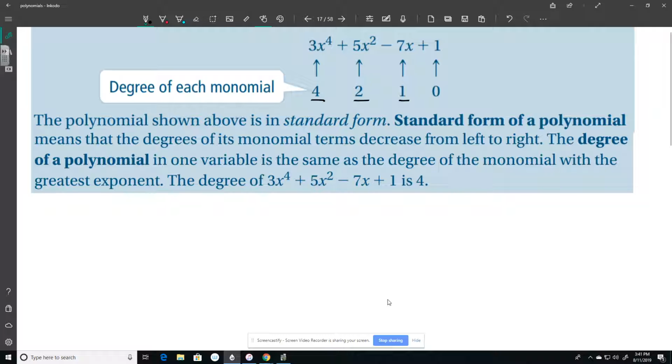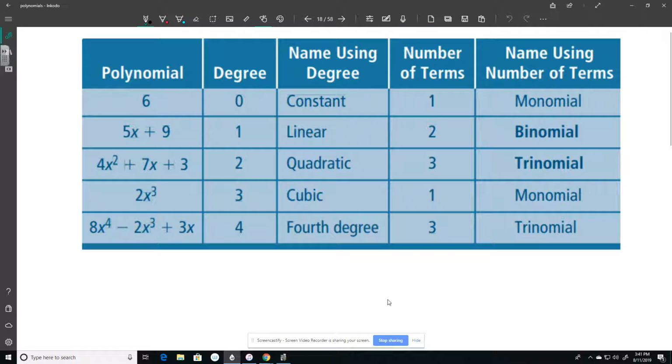This has x, it's a 1st degree. This has no variables, so it's a 0 degree. When we write these problems or answers or questions, we try to write them in order. So if it asks you for standard form, it just means biggest exponent to smallest exponent. All right, let's try it.